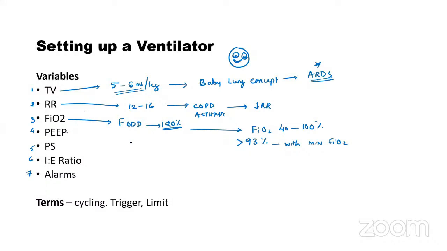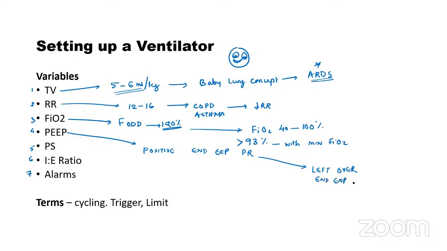It is called PEEP. What is PEEP? It is positive end expiratory pressure. Positive end expiratory pressure is nothing but the pressure which is left over at the end of expiration.